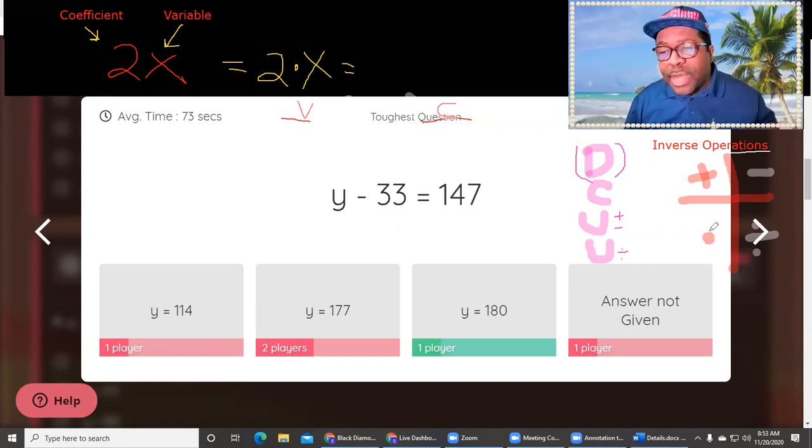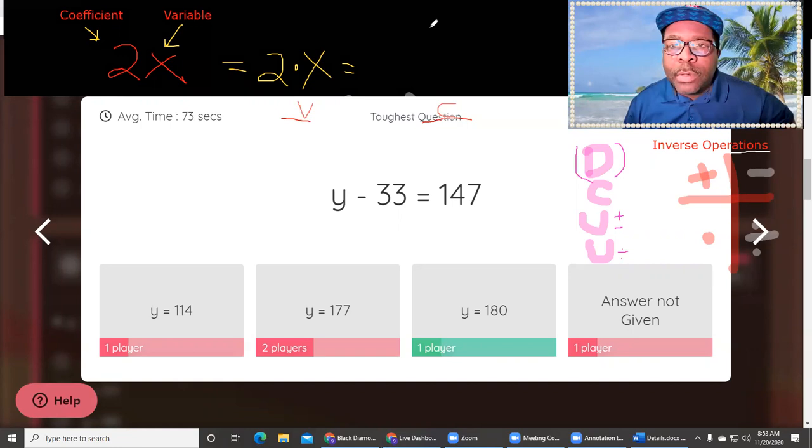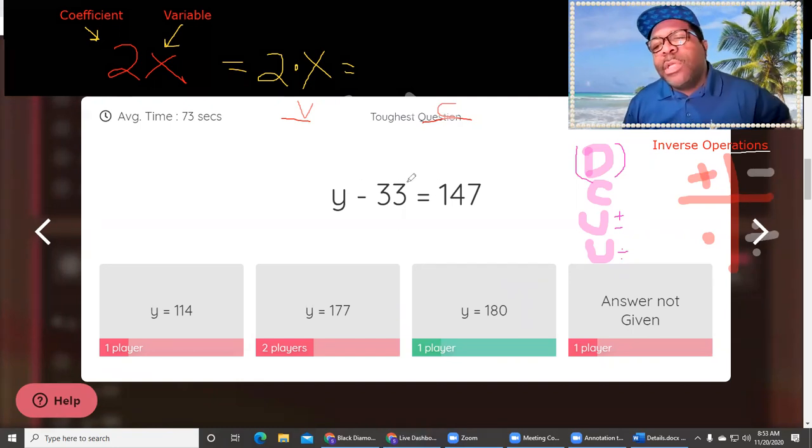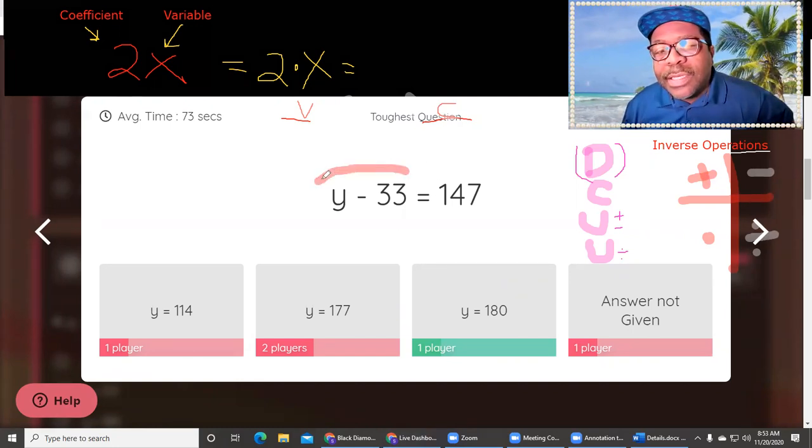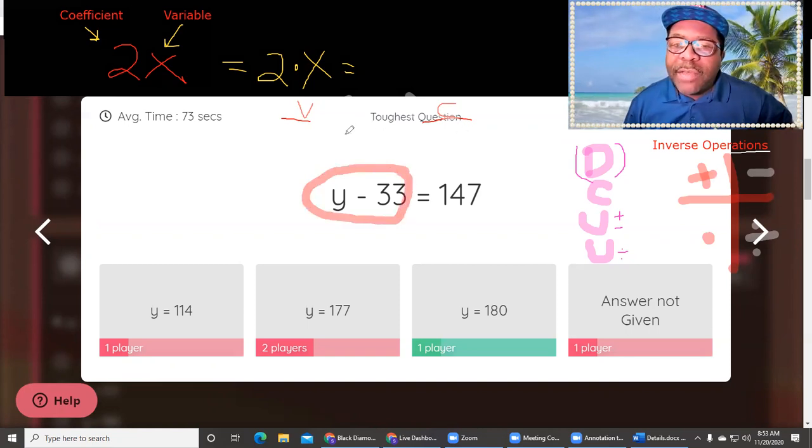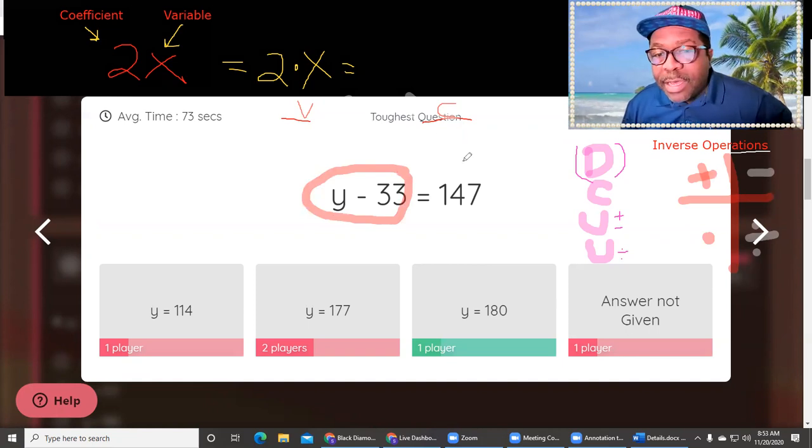The inverse or opposite of multiplication is division. So I'm looking at this problem and I want the variable on this side, the constant on this side of the equal sign.